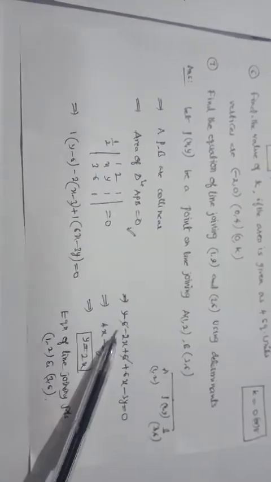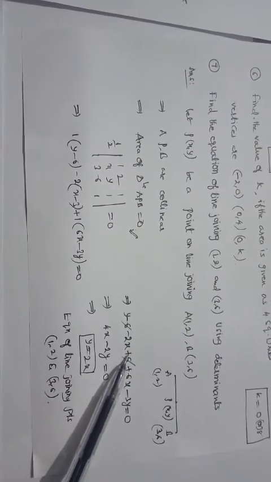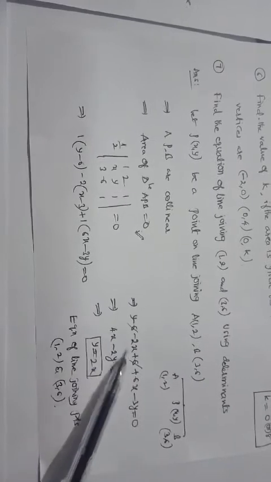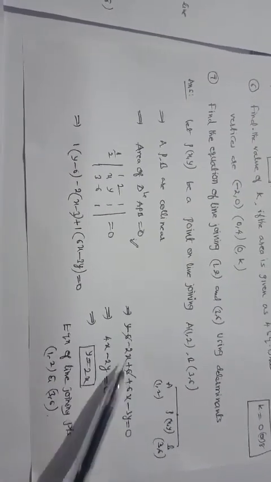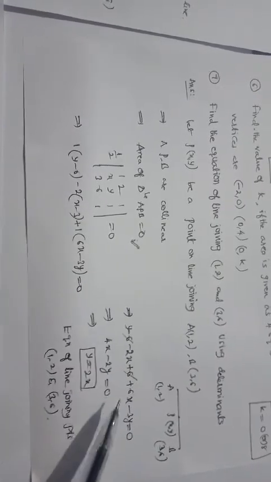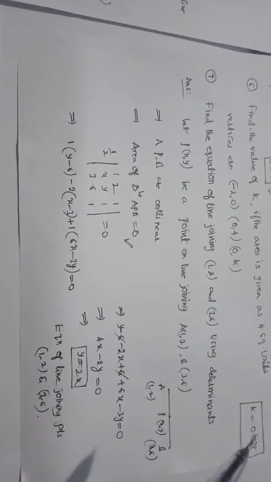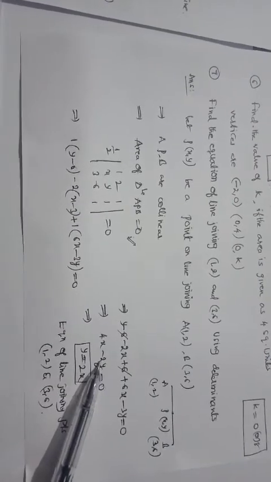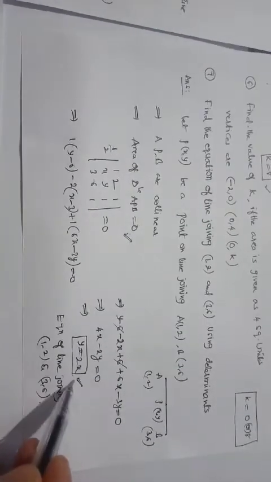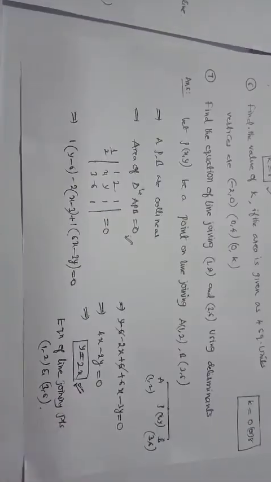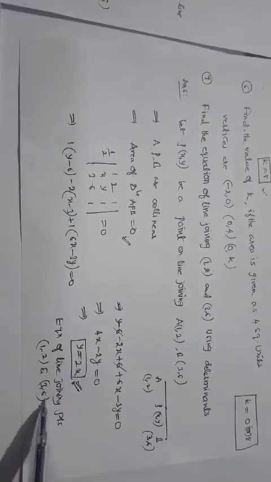Next step, y minus 6 minus 2x plus 6 plus 6x minus 3y is equal to 0. Plus 6 and minus 6 will be cancelled. 6x minus 2x is going to be 4x. Next, minus 3y plus y is minus 2y, equal to 0. By solving, y equals 2x. Y equals 2x is the equation of the line joining the points 1 comma 2 and 3 comma 6.